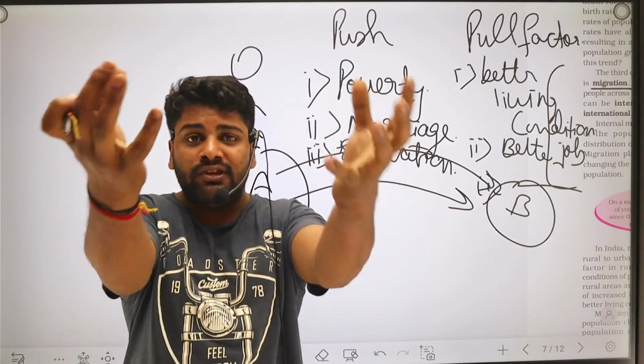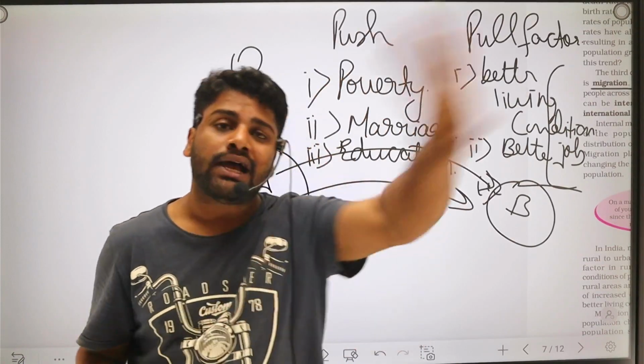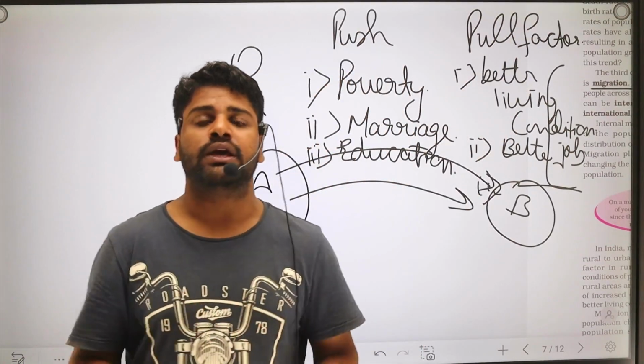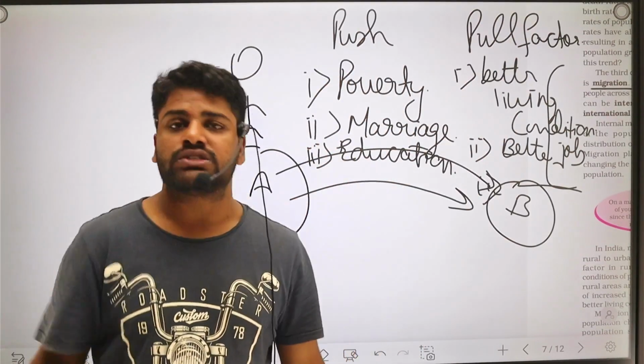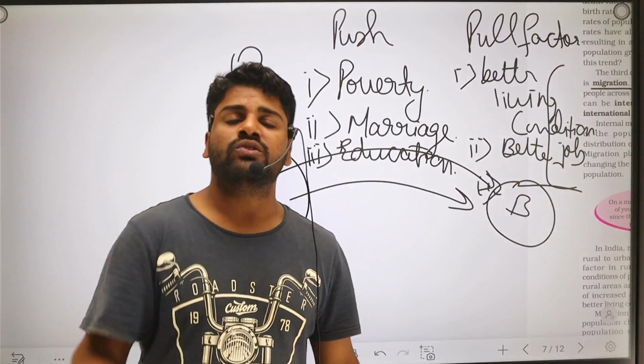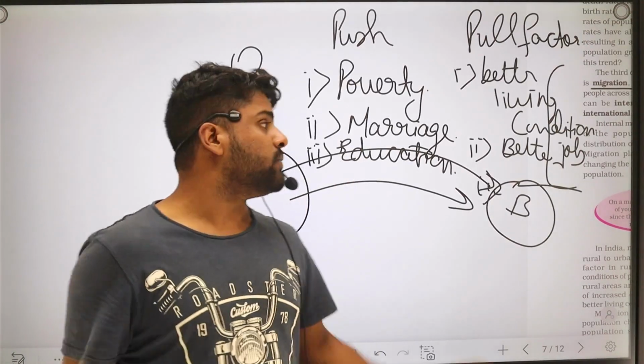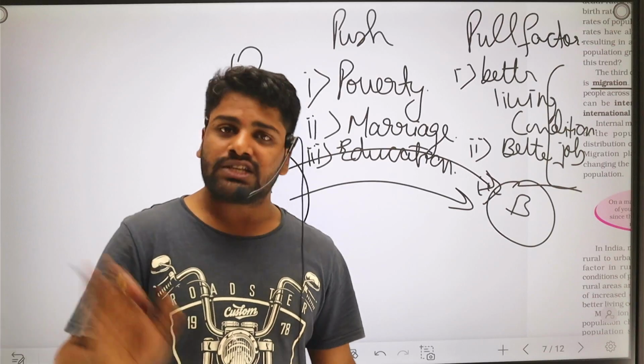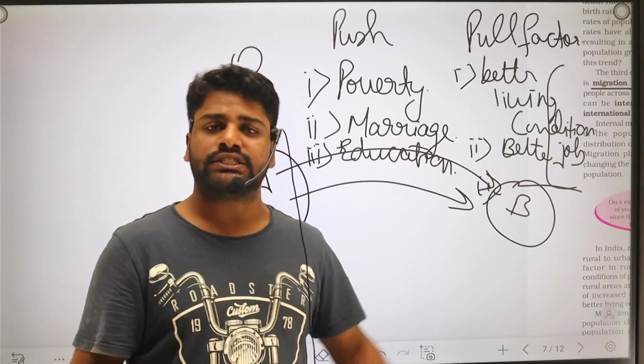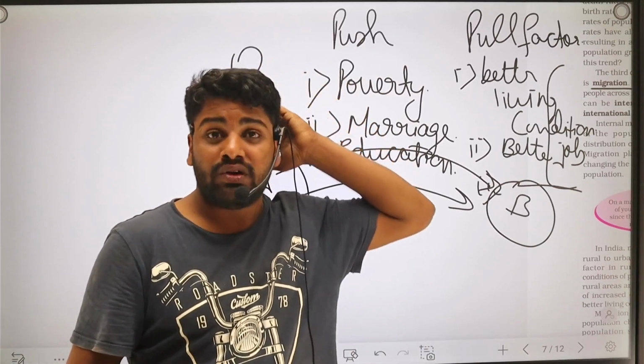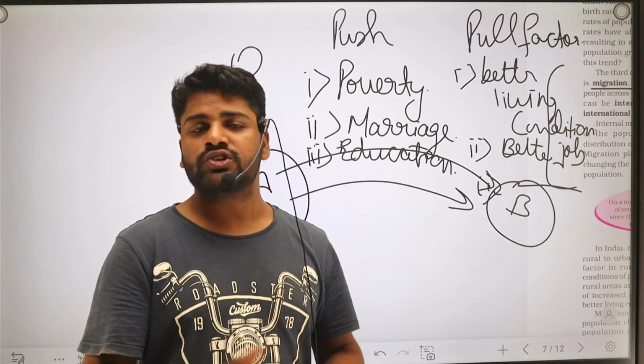Something which is pushing means you are being driven out, that you are not suitable here and you can only grow, modify or develop yourself if you leave this particular place. That's why we see a lot of migration from places like Bihar and Bengal. We see a lot of labor force from there.